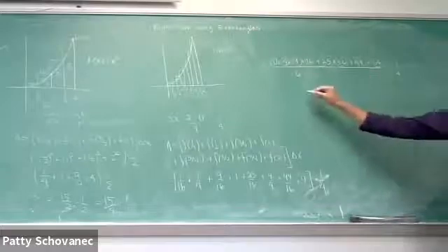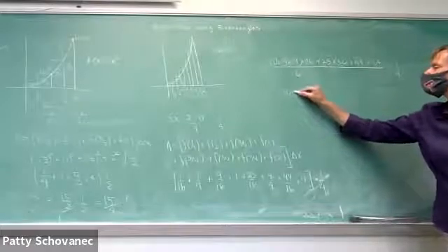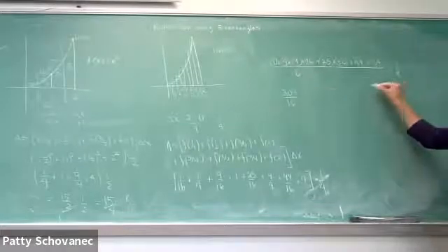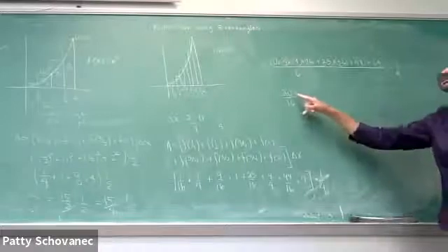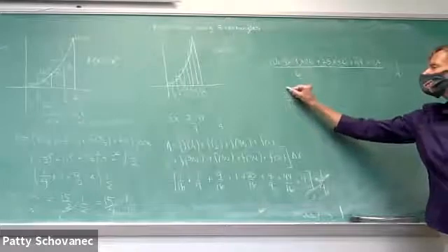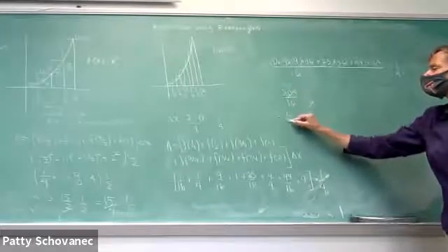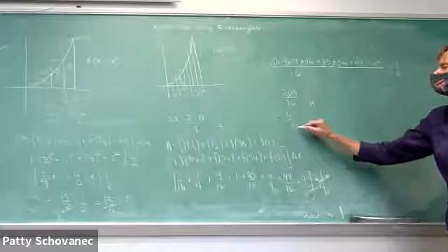So 204/16 times 1/4. Let's see, 4 goes into that 51 times. So this one tells me my area is close to 51/16.